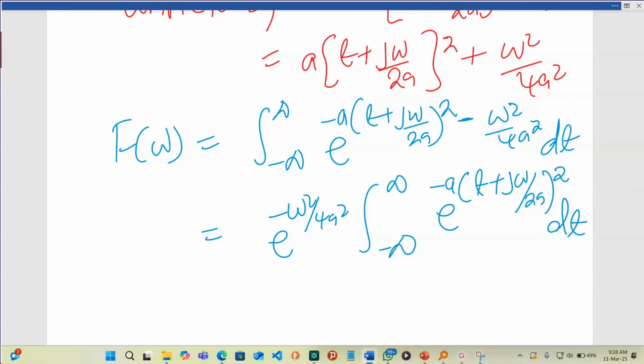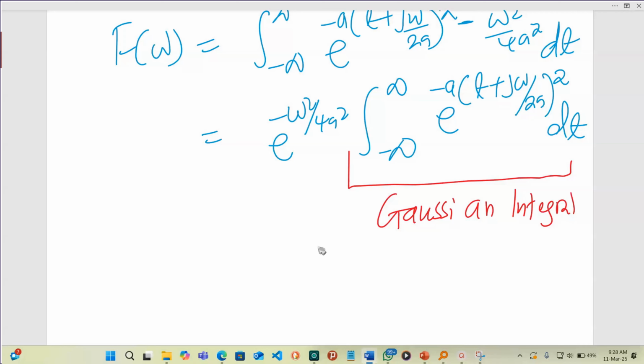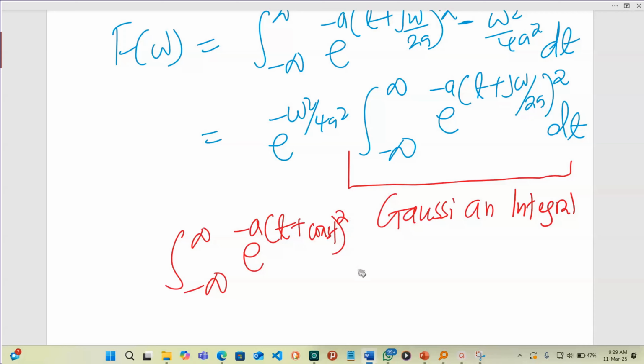So we can recognize some special integral here. Relate this to the Gaussian integral, whereby integrating from negative infinity to infinity exponential of negative a into t plus a constant, then squared, with respect to t, gives us square root of pi out of a.